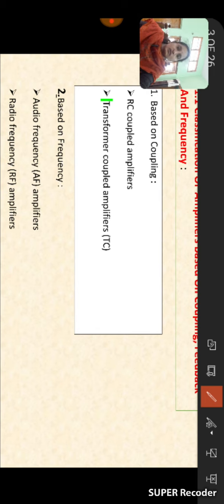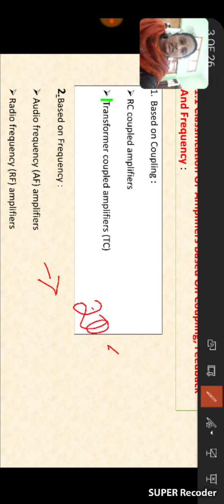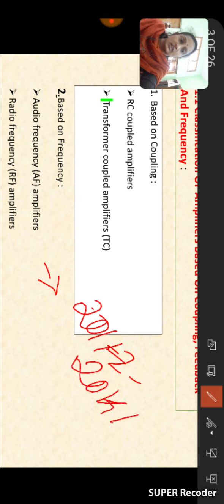According to the frequency, amplifiers are classified into two types: audio frequency amplifiers and radio frequency amplifiers. Audio frequency amplifiers are used to amplify signals in the frequency range of 20 Hz to 20 kilohertz.